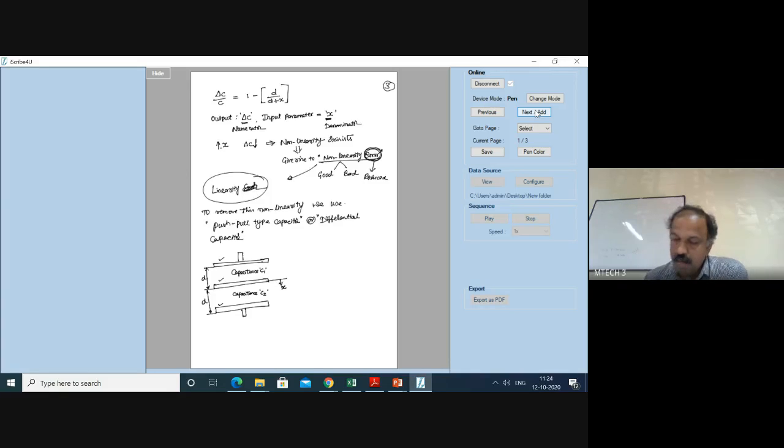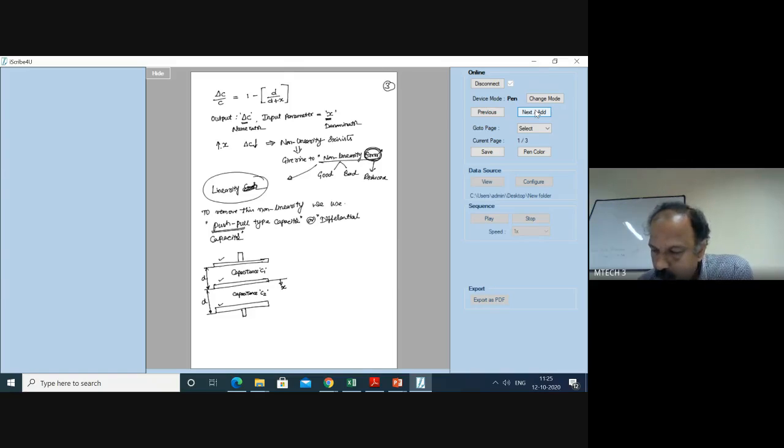Now I am giving the displacement to the middle plate. When I give the displacement to the middle plate, what is the action for the top one? Now we have push pull. For the top one, consider only the top plate.